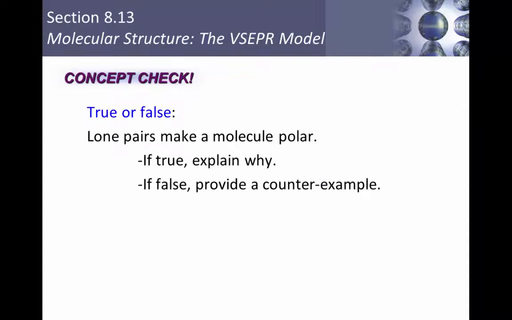Okay, another concept check. Lone pairs make a molecule polar. True? Why? False? Why? Okay, and so that answer is false. At times, if there's only one set of lone pairs, it can make the molecule polar. But if there's two sets, then the molecule is not necessarily polar.